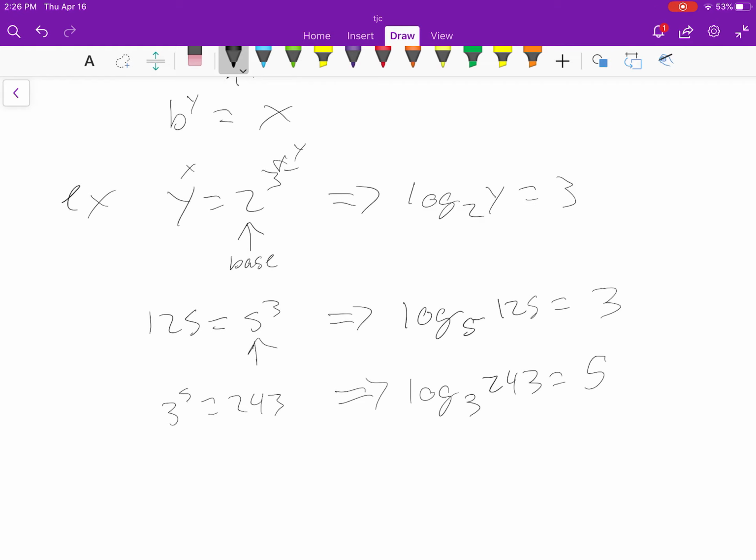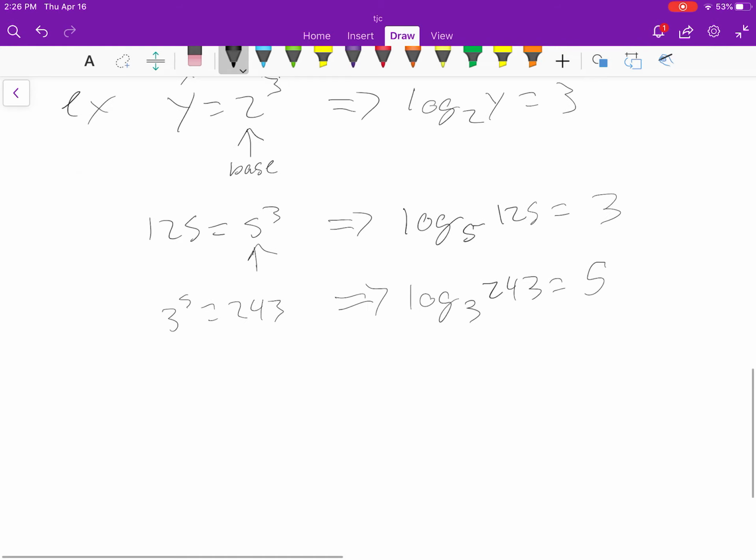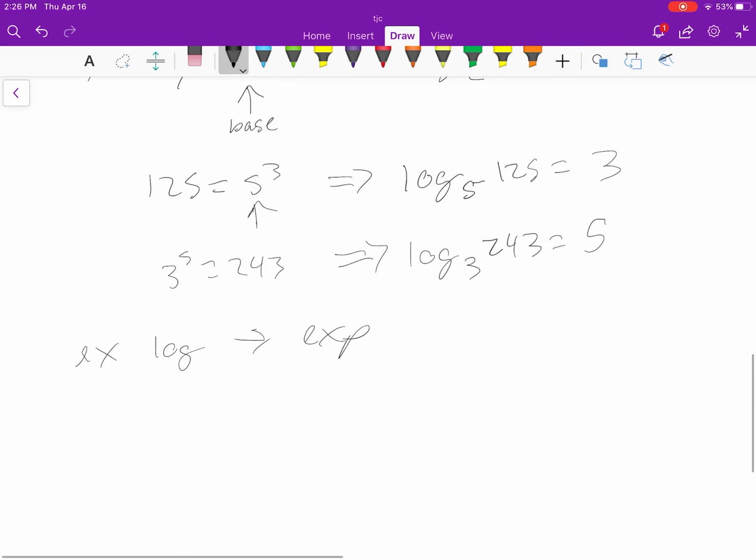What about going the other direction? Up above we went from exponential to logarithmic form. So next example, from logarithmic to exponential form. Let's say we have 2 equals log base y of 16.